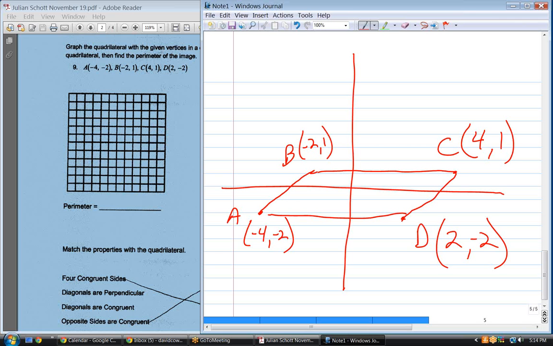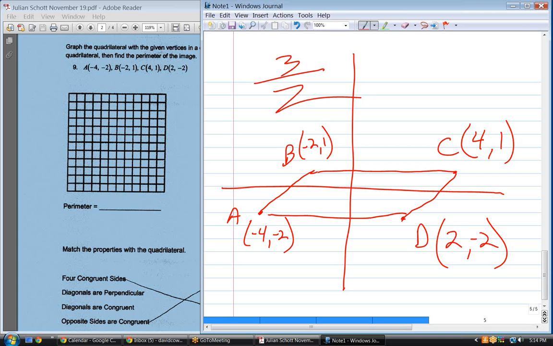It's the difference in the y's divided by the difference in the x's. The difference in the y's is 3. The difference in the x's is 2. So the slope is 3/2. Is it a positive slope or a negative slope? Positive. So the slope is positive 3/2.